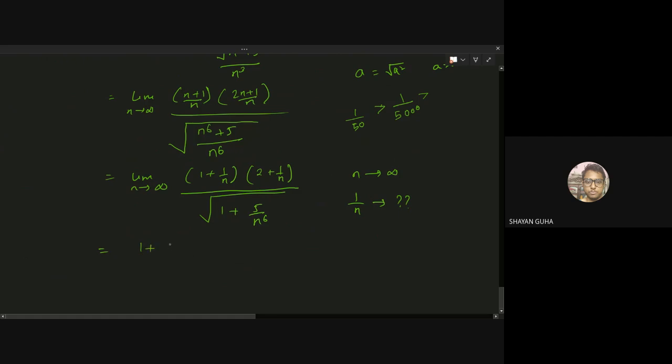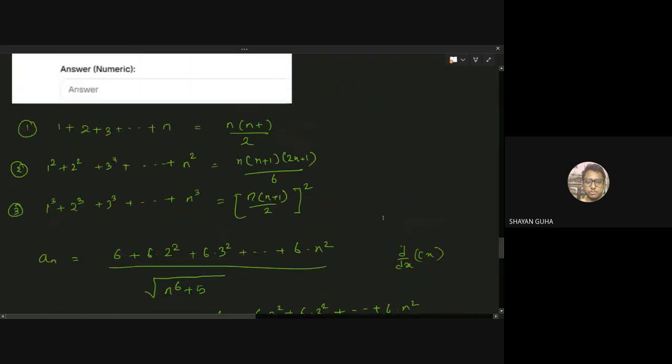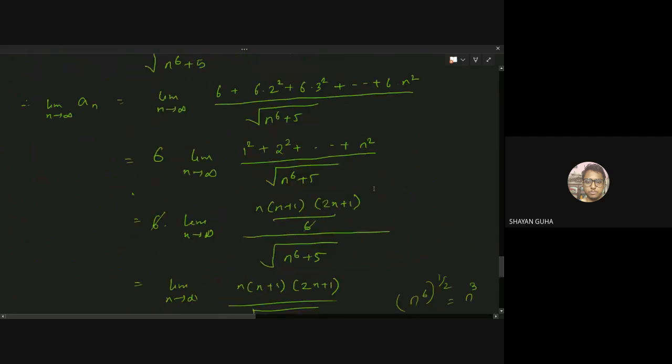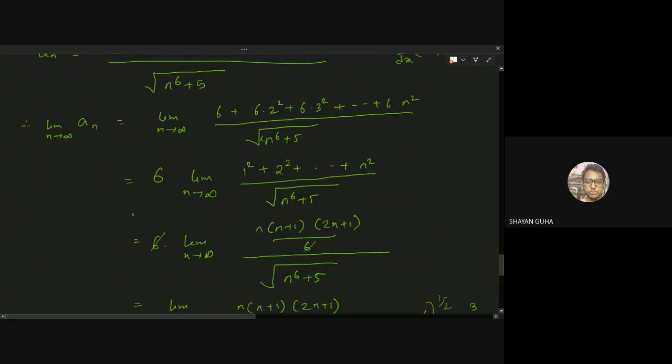So that's why if I take this limiting value and put it here, I will get 1 plus 0. Here I will get 2 plus 0 divided by root over of, just 1 minute. Have I written the question correctly? Oh no, sorry. I have made a mistake. It's actually here we have a 4.